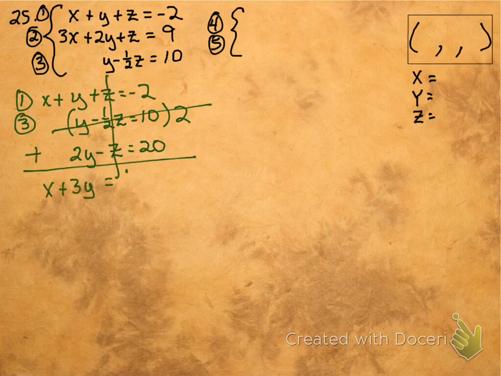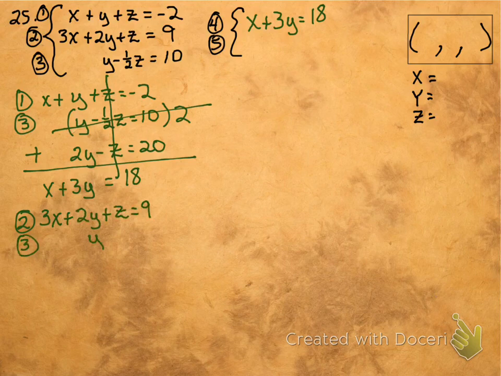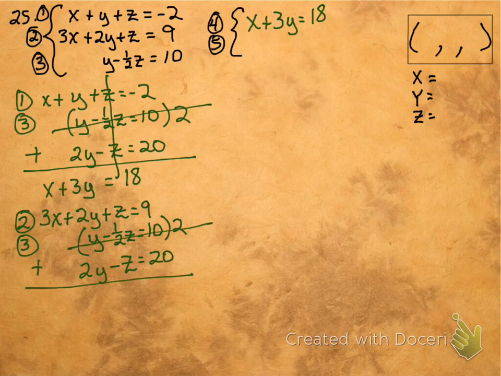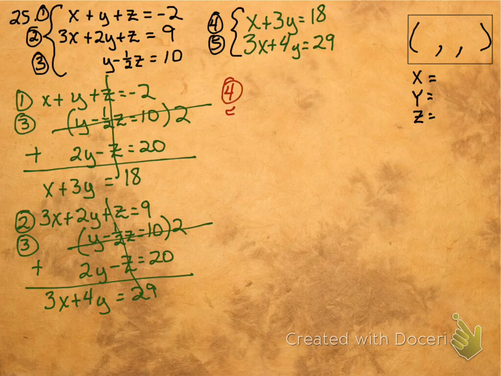When I multiply half by 2, that makes it 1. So my fourth equation is x plus 3y equals 18. Then I'm going to work with 2 and 3, do the same thing, multiply my second equation by 2. It gives me 3x plus 4y equals 29 for my 5th equation.